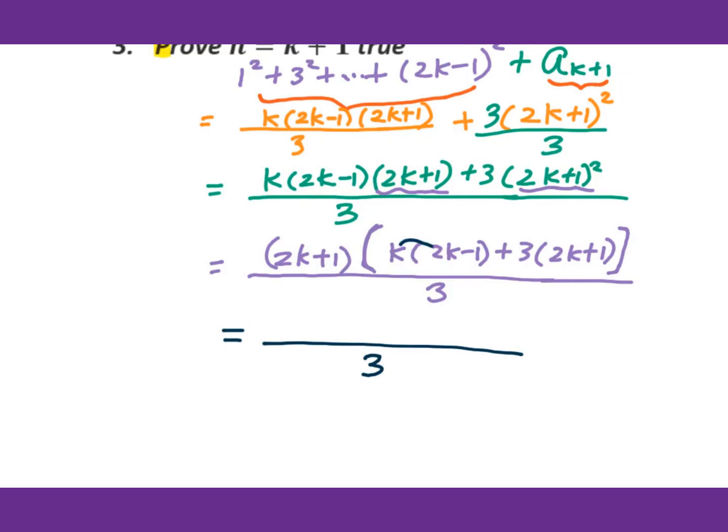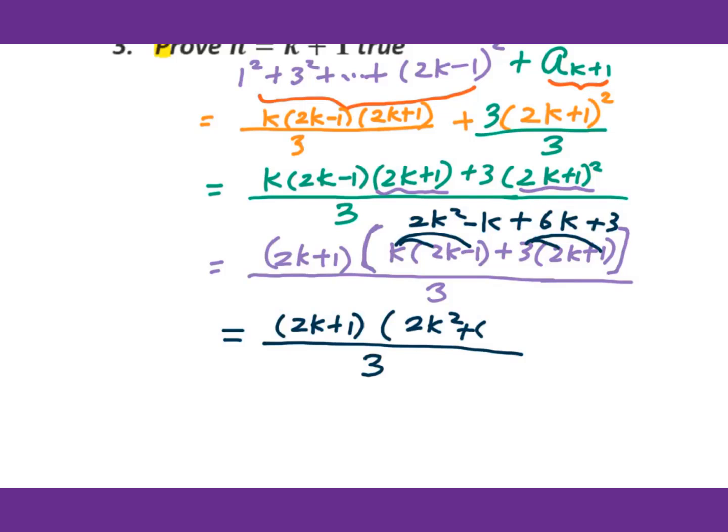Then we simplify. You will get 2k squared minus k plus 6k plus 3. Therefore, we still have 2k plus 1. For this part, we got 2k squared plus 5k plus 3.